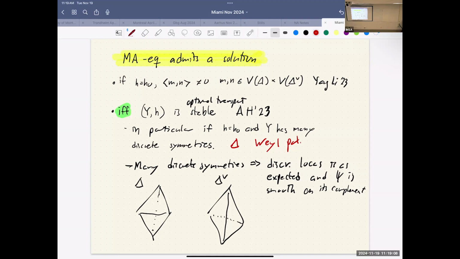Then the discriminant locus would be the midpoints of the edges, and this potential will be smooth outside of this. That means it really defines a Riemannian metric of Monge-Ampère type. So you really get the Riemannian metric on the base, which then you can start talking about this global Gromov-Hausdorff convergence.